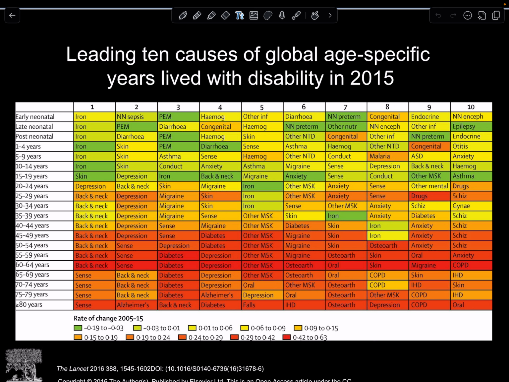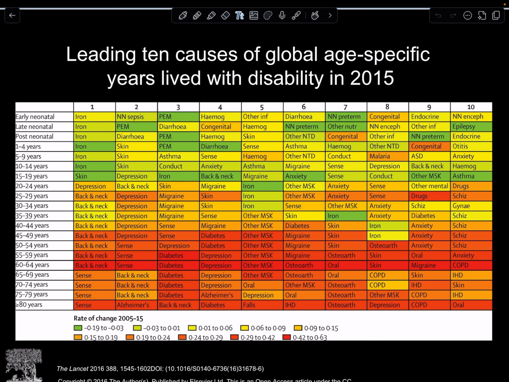If it's yellow, it means it stayed about the same. If it's orange and getting red, that means it's getting worse. The outcomes have worsened over the past 25 years at that age. And so, it's really, really red from 60 to 64 years, and it backs off a little bit. But why is it so red up to 60 to 64 years?